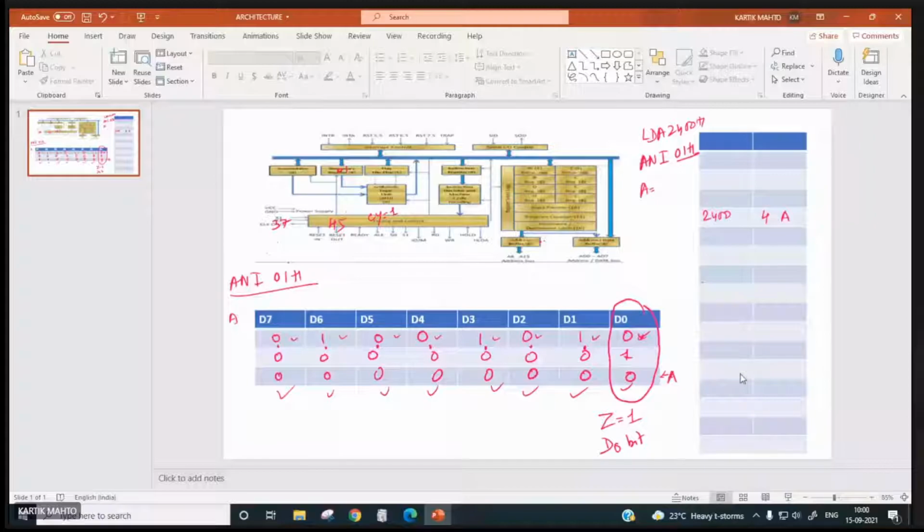Now suppose you do ANI 02H. So 02 means this bit will be 1 and the rest will be 0.